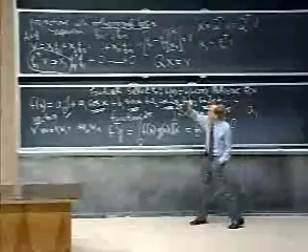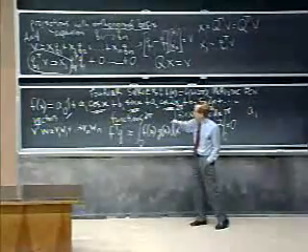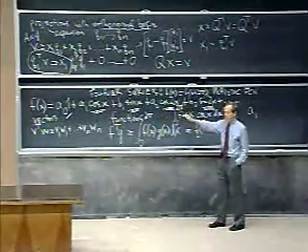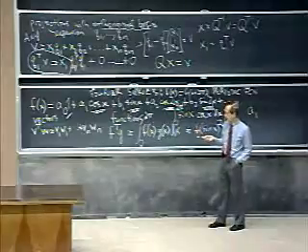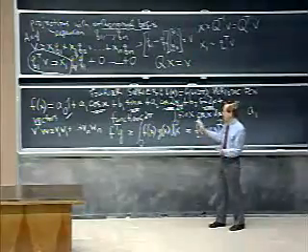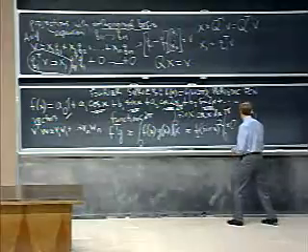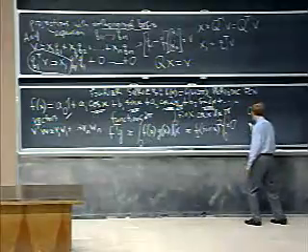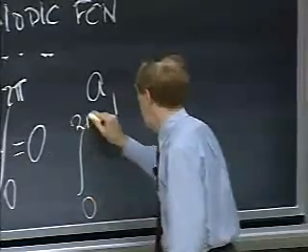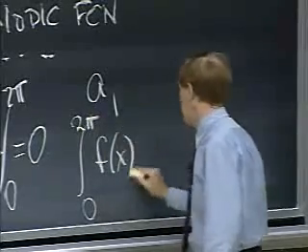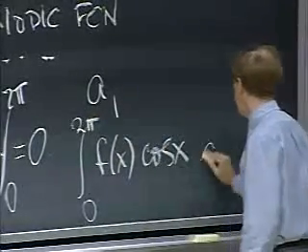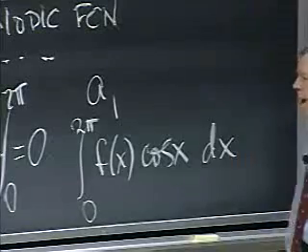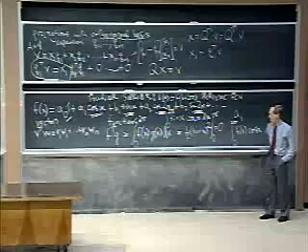Okay. I do just as I did in the vector case. I take the inner product of everything with cos x. Then on the left, the inner product is the integral of f of x times cos x dx. And on the right, what do I have?